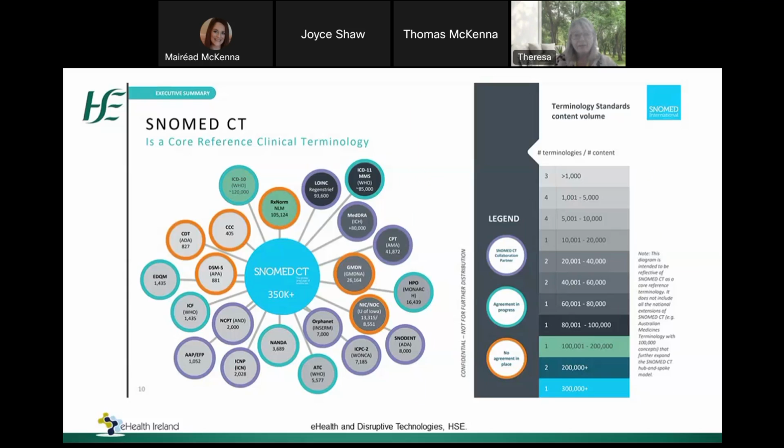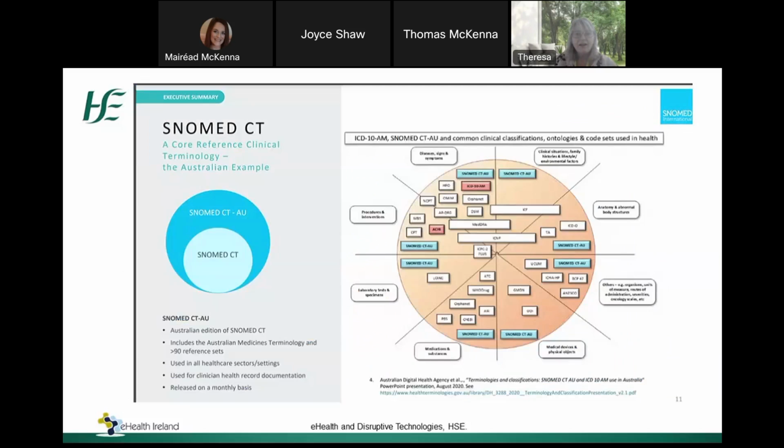There's a whole family of them. SNOMED isn't the only show in town, but the main thing to know is that because SNOMED is global and international and has such a big reach, they've mapped SNOMED to most of these other reference terminologies, or have agreements with them and work with these other terminologies and classifications.